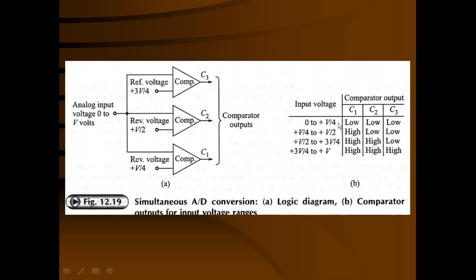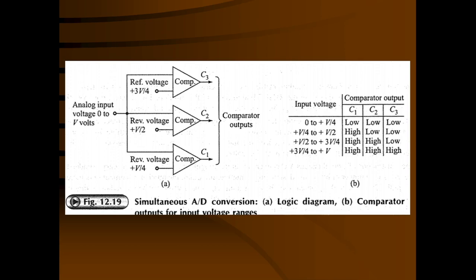So what happens now? If we consider that all the comparators' outputs are going to be low, C1 is going to be low, C2 is going to be low, C3 is going to be low. That means the analog input voltage must be in the range from 0 to +V/4, because for all the comparators the reference voltage is higher than the analog input voltage.